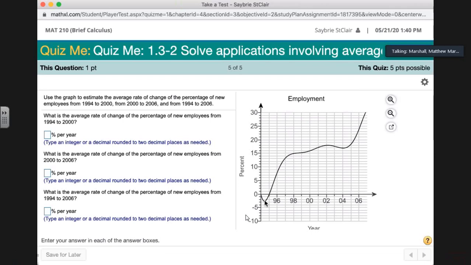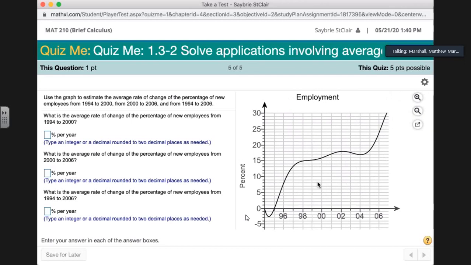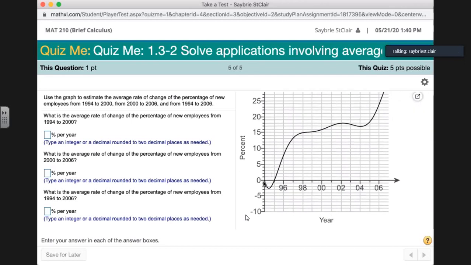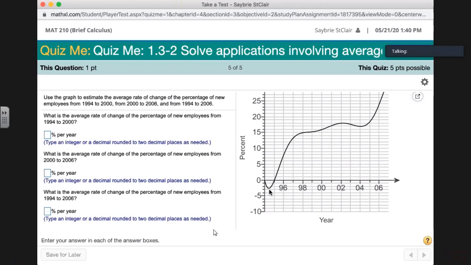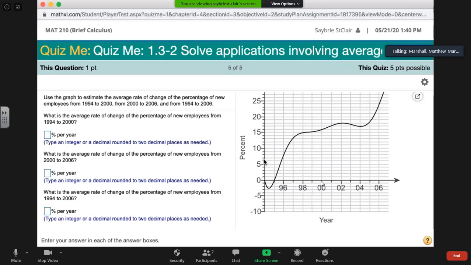Looks like it's starting right at zero. I mean, you could zoom in and double check if you want, but pretty sure. Yeah, so it looks like 94 for X gives you 0 for Y. So 1994, comma 0. And then 2000, what's the 2000 point?